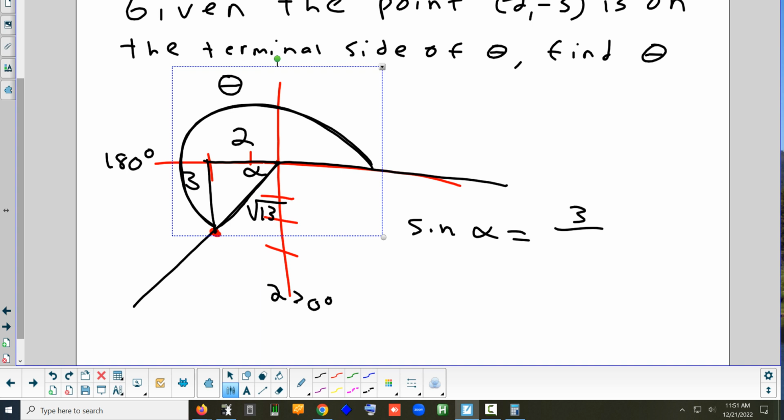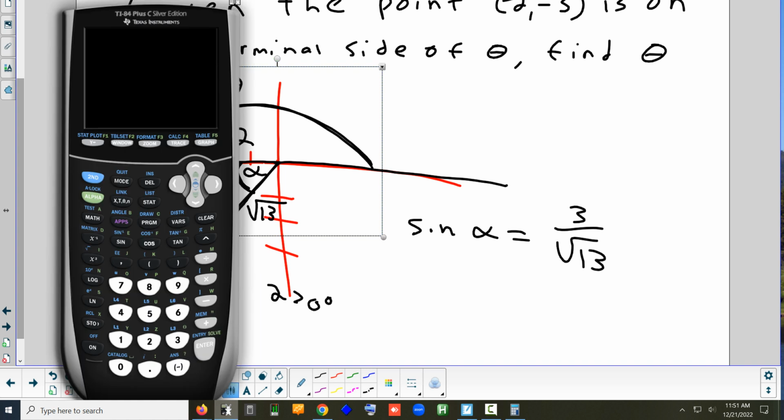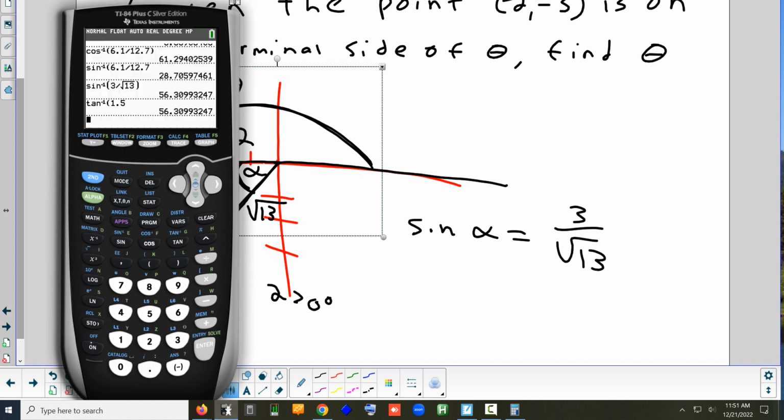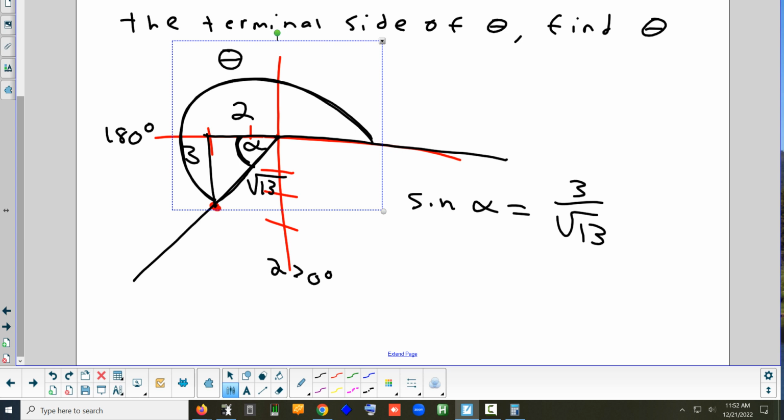Root 13, yep. And now you're going to solve for this angle right there. That's what you're going to find. That's not your answer. It's what we're going to use to get it. So how am I going to get rid of sine? Yep, and we've already done this in the last problem. Inverse sine of 3 over the square root of 13 is 56.31. So alpha is 56.31.